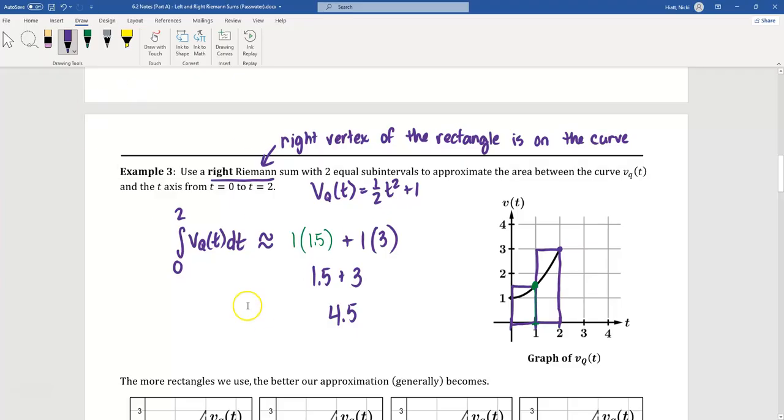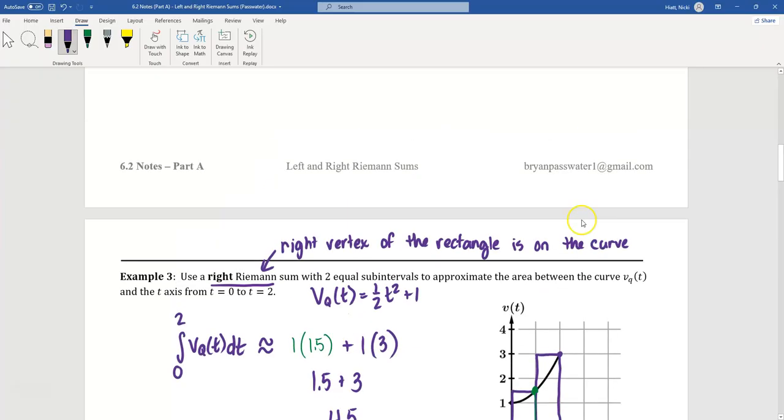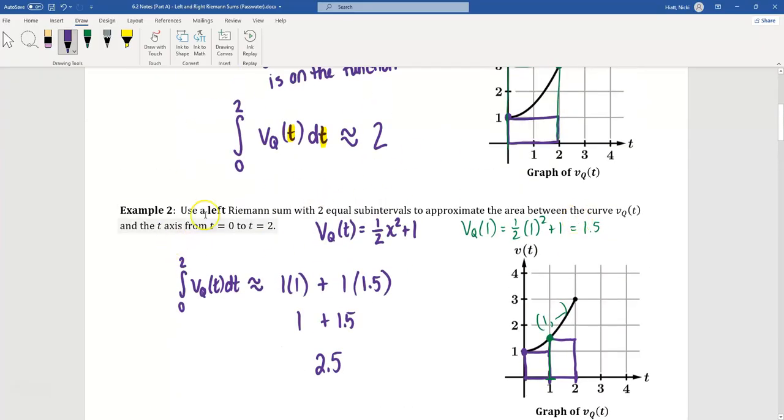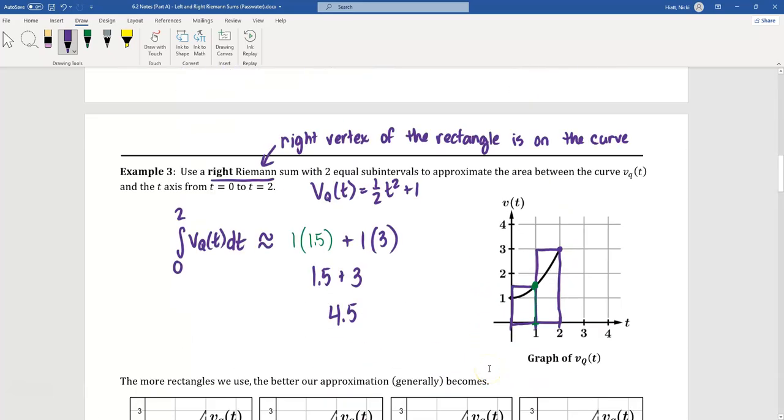Now, for this one, we definitely know this is an overestimate, right? All of our rectangles are going above our graph. For the example 2, that was definitely an underestimate. So we at least now sort of have it narrowed down. I know that my answer needs to be between 2.5 and 4.5, right? It's a little bit smaller interval.